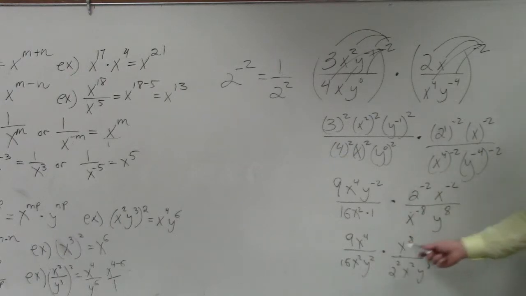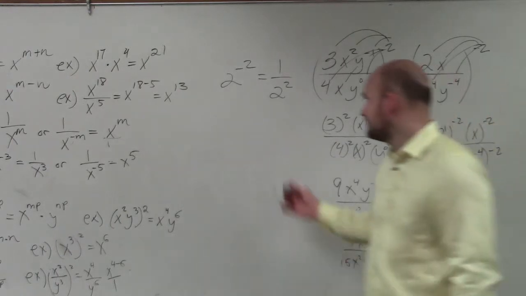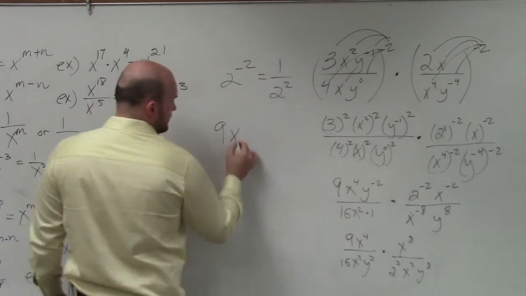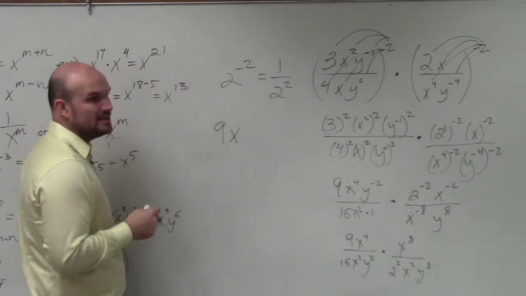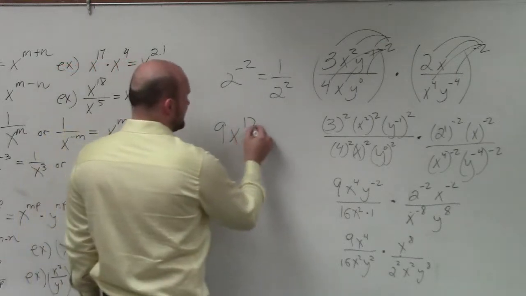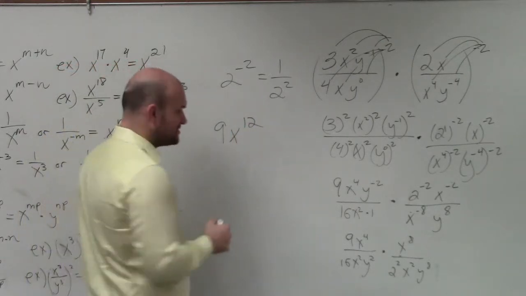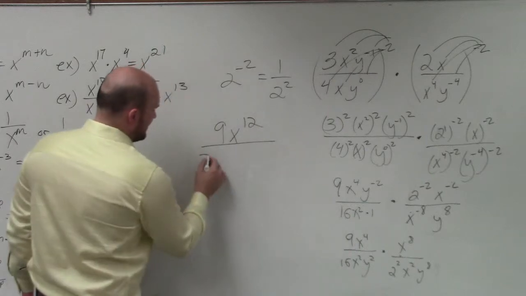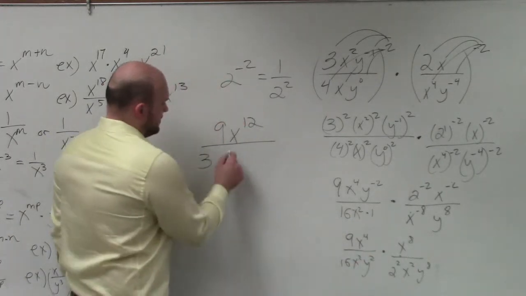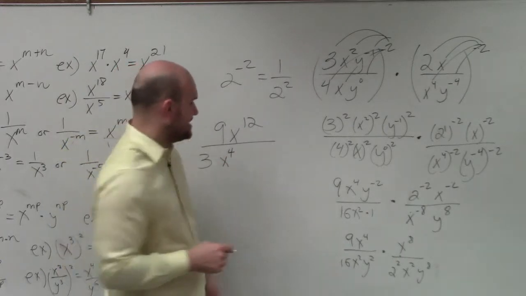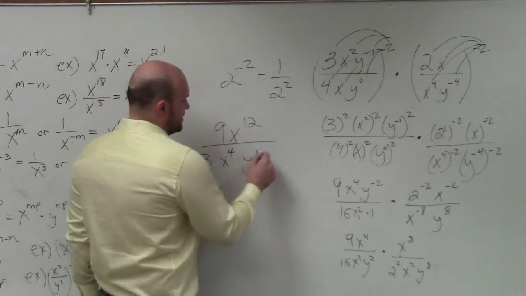So x to the 4th times x to the 8th is going to give us x to the, anyone? 12. 8 plus 4 is 12. Divided by, on the denominator, I have x squared times x squared, which is x to the 4th. And y squared times y to the 8th is y to the 10th.